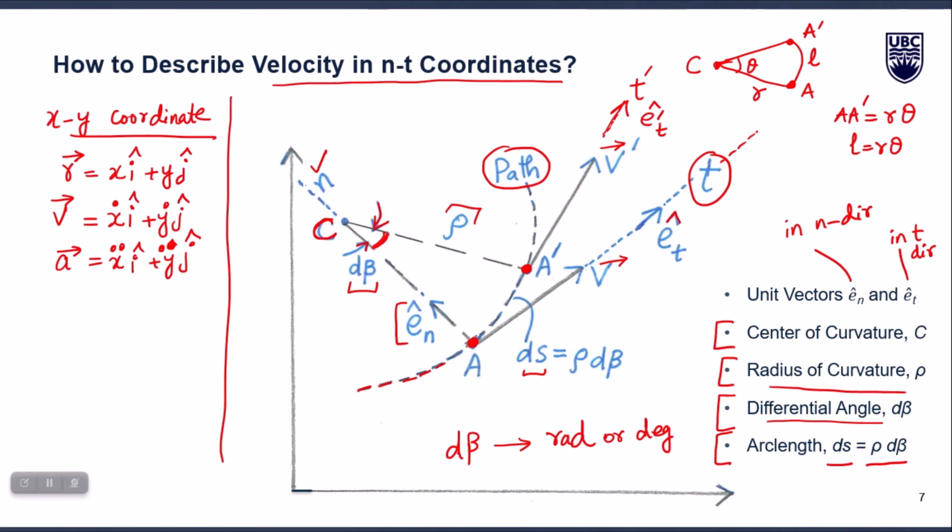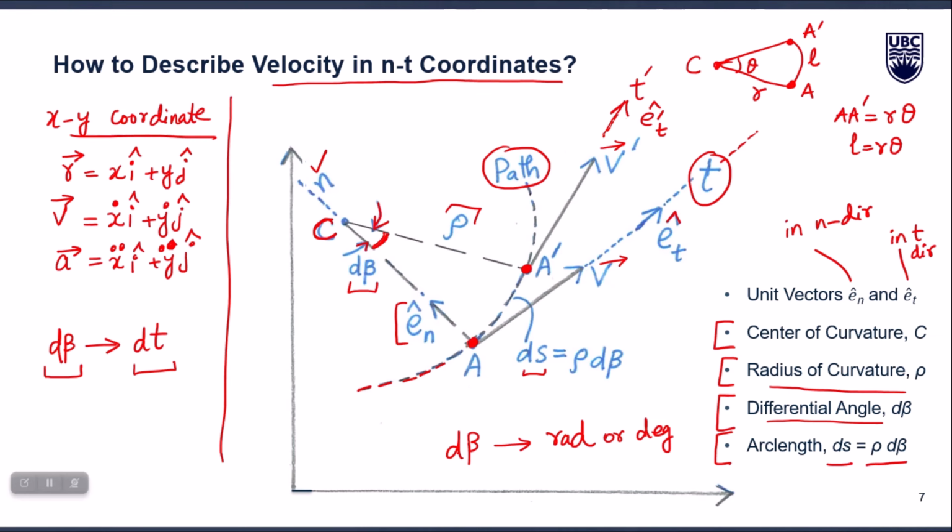We are assuming a case of differential increment from A to A prime, so we are assuming that the time from A to A prime is dt. This movement or rotation is happening in a corresponding time of dt, so it is a differential angle in a differential time. We will be dealing with a limiting case when the time between A and A prime approaches 0.